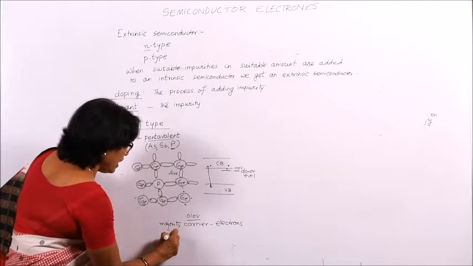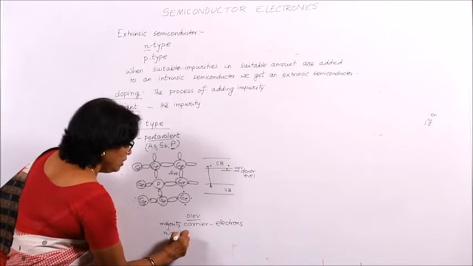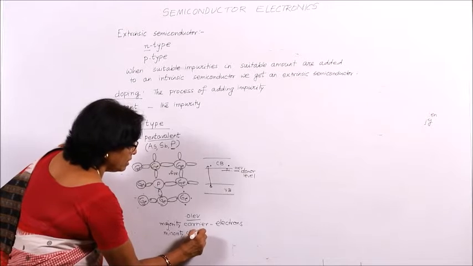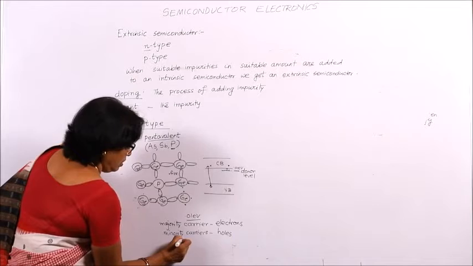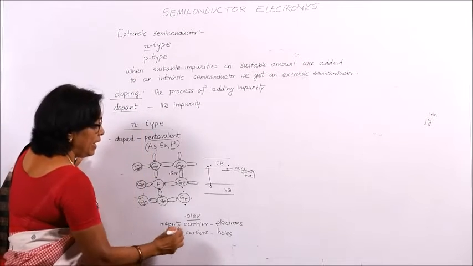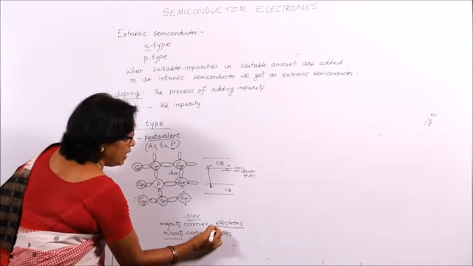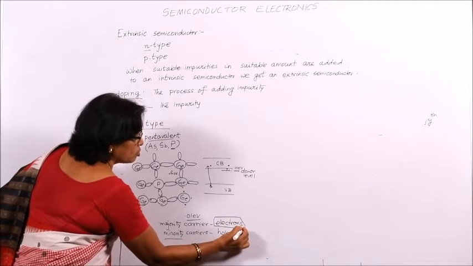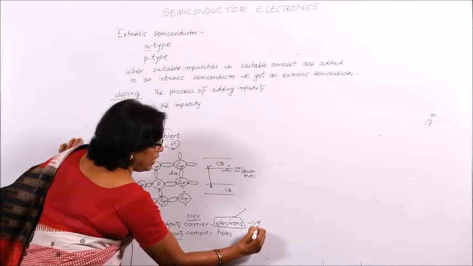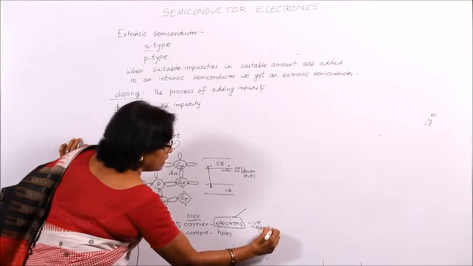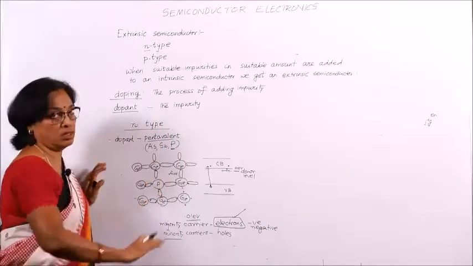And the minority charge carriers, because they are less in number, are called minority carriers. The minority carriers are holes; they are fewer in the N-type. Conduction takes place mainly due to the majority carriers, which are electrons, which are negative, that is why it is called an N-type semiconductor.